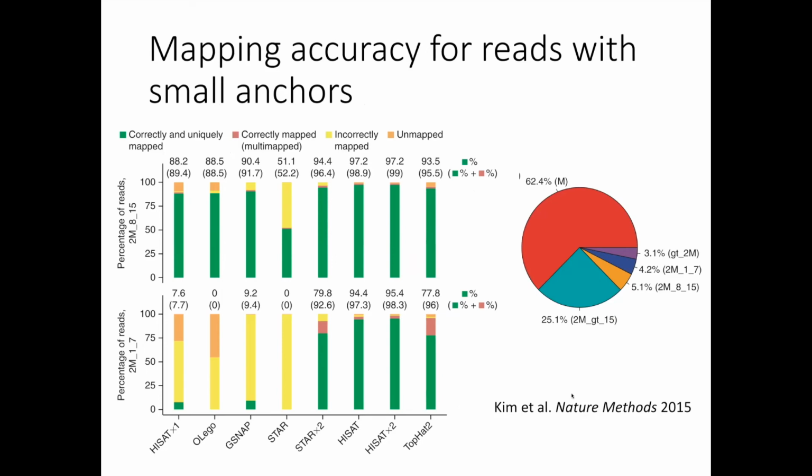Yeah, and this is also from their paper, and it's just sort of now if you only focus in on the ones where you have a small anchor, so these ones that are hard to map. And this is of course for selling their program, and here you can see how bad STAR gets for these small anchors. They can basically not, in the really hard cases, they can't map anything, whereas HiSat is doing a really good job.